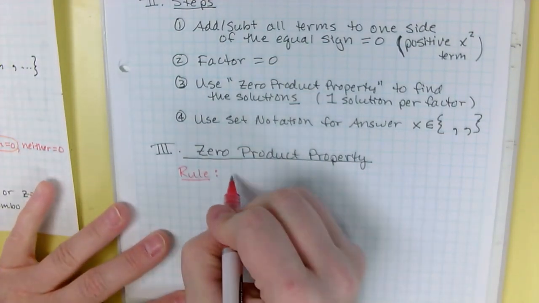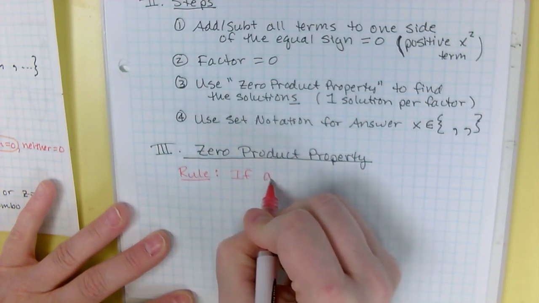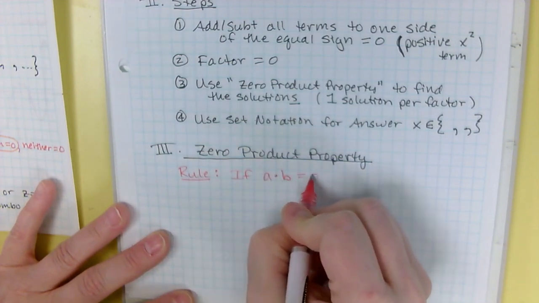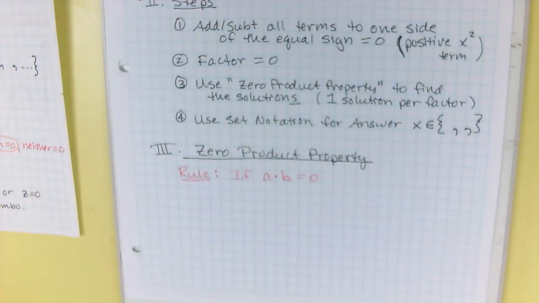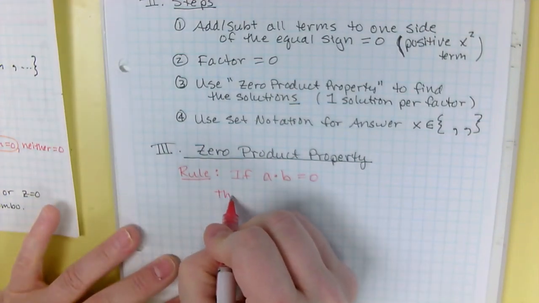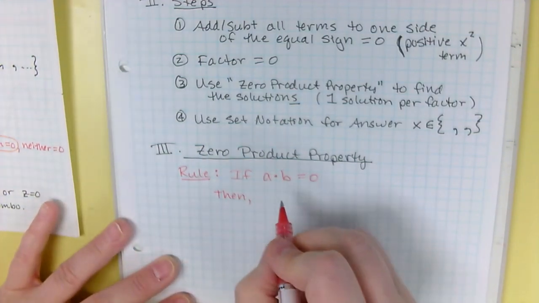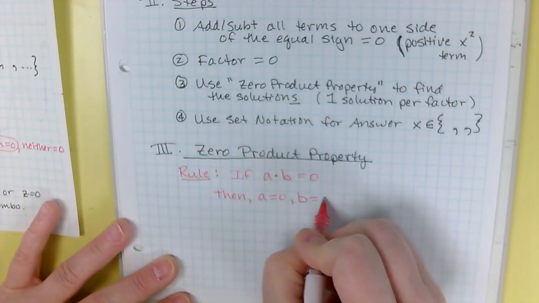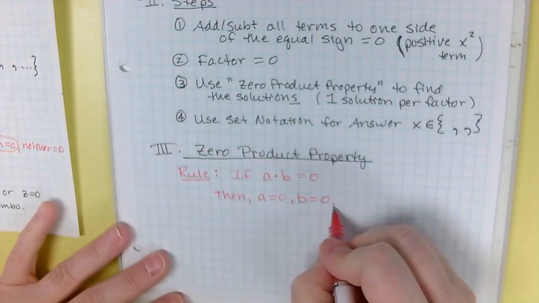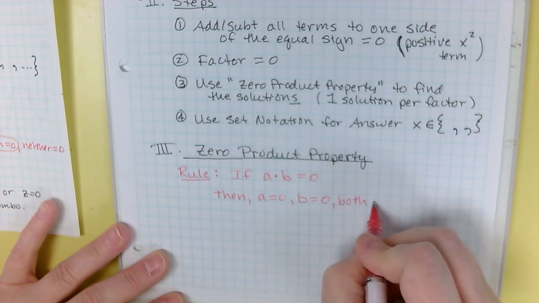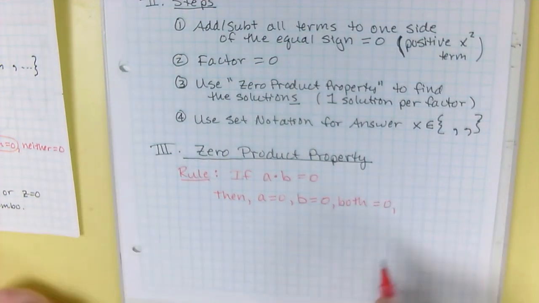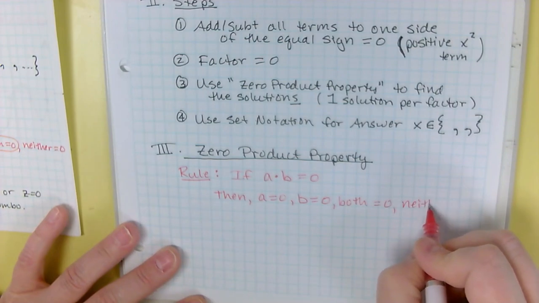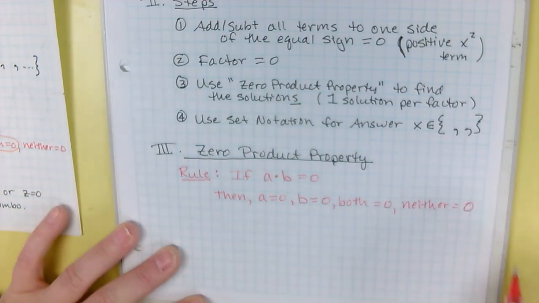The rule says if A times B equals 0, then A equals 0, B equals 0, they both equal 0, or neither equals 0.